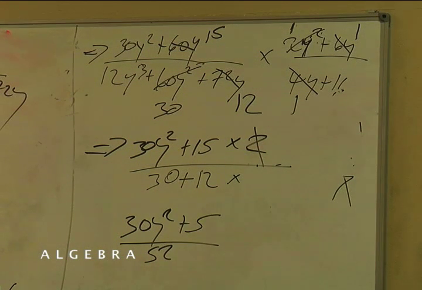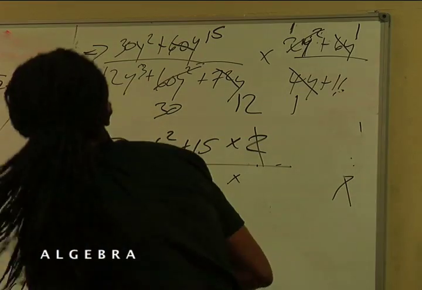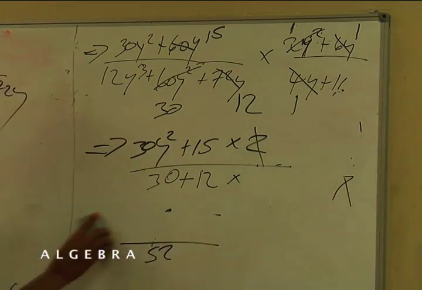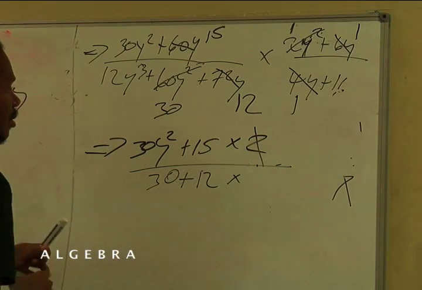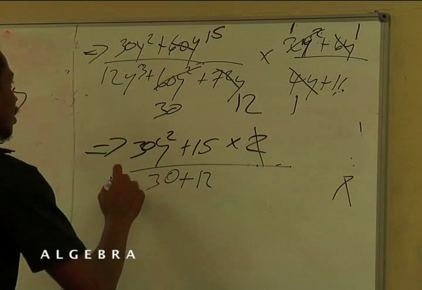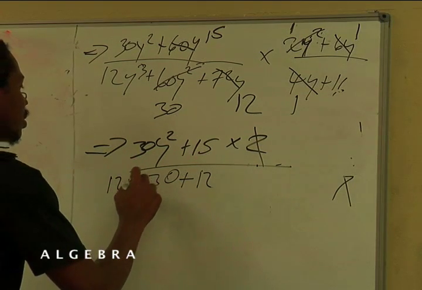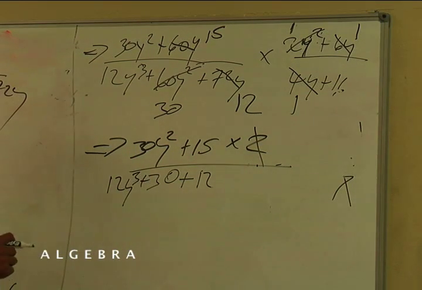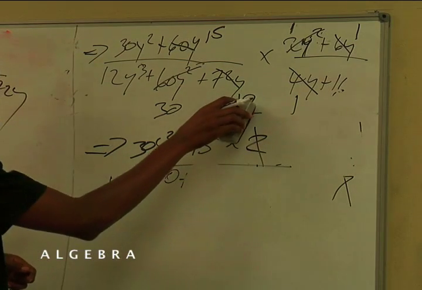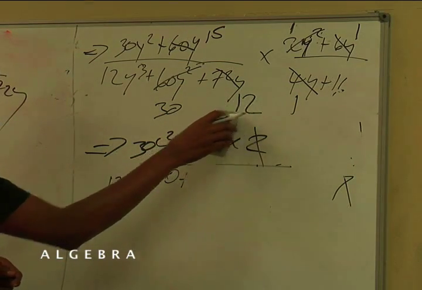The 12 is supposed to come up for the 30. I don't know where the 2 comes from. 12y cubed plus 30, plus 12. Supposed to be plus what? Now see the 12, yeah?